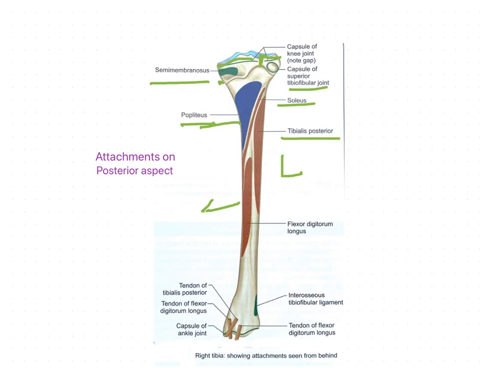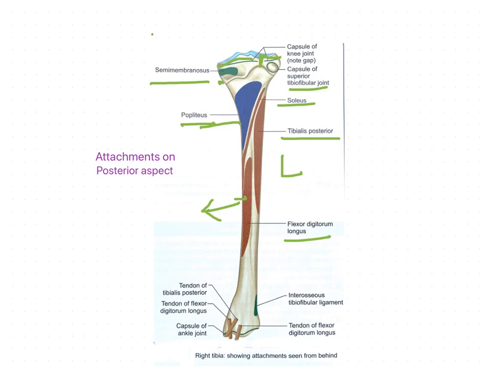On the medial aspect, below the soleal line, it gives rise to flexor digitorum longus. So these three muscles originate here, and popliteus and semimembranosus are inserted on the upper end of the tibia as well as the upper part of the shaft on the posterior aspect.